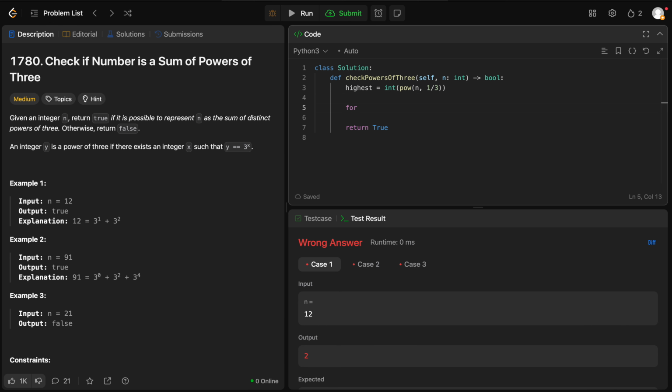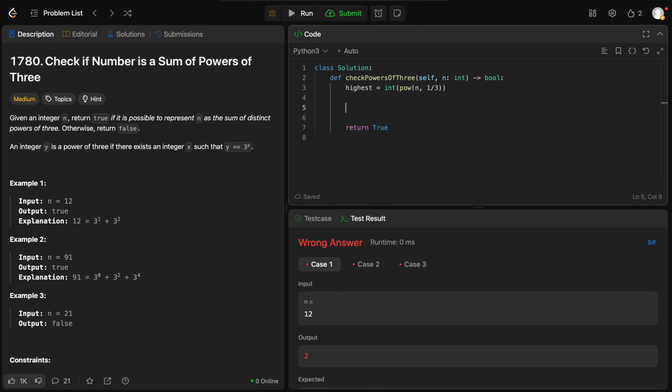So for i in, so if I got 2, 0, 1, and 2.